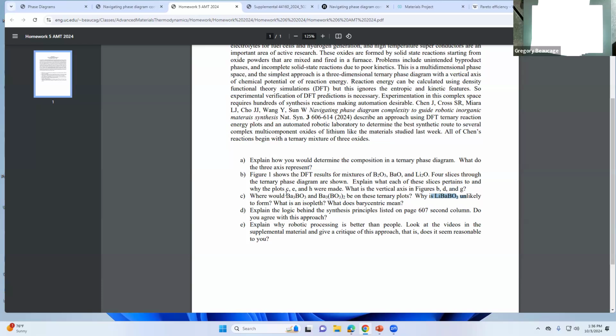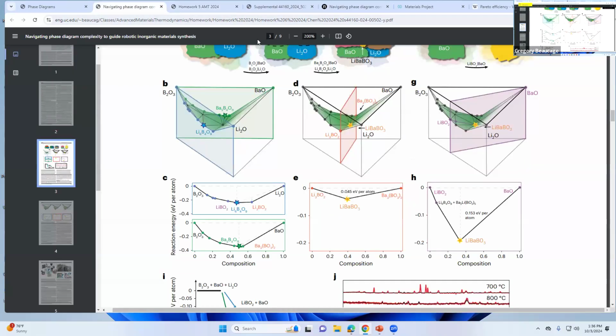So there should be BA at 92, should be right here. That's how you do it. Let's see how they show it on the plot. So it'll be 92 to the BAO.